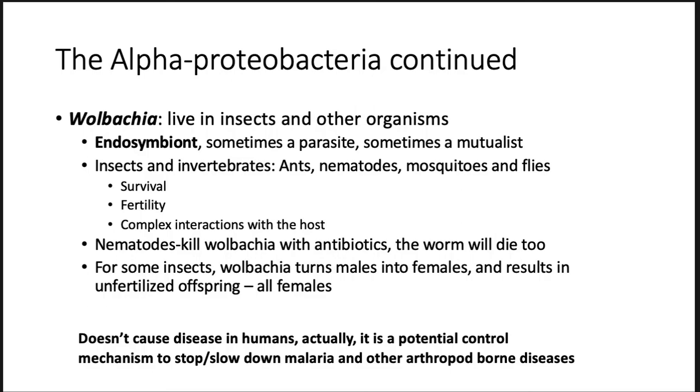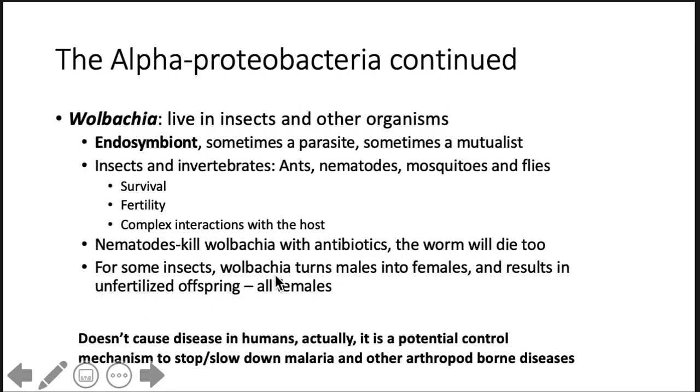Other times their fertility is linked, and they would not be fertile. And sometimes we see even more complex interactions with the host. Another example of survival is nematodes. You kill the Wolbachia with antibiotics, and the nematode worm dies too.